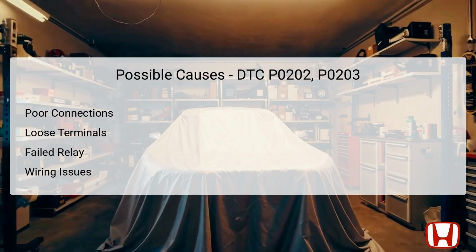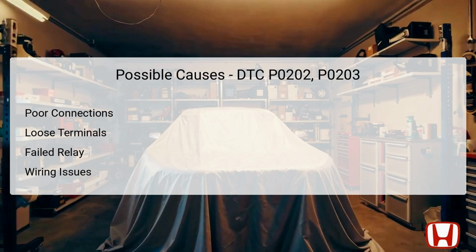There are several possible causes for the DTCs P0202 and P0203. One common issue can be poor connections or loose terminals at both the injector and the PCM. These connections are essential for the proper flow of electricity, influencing how well the injectors respond to commands from the PCM.